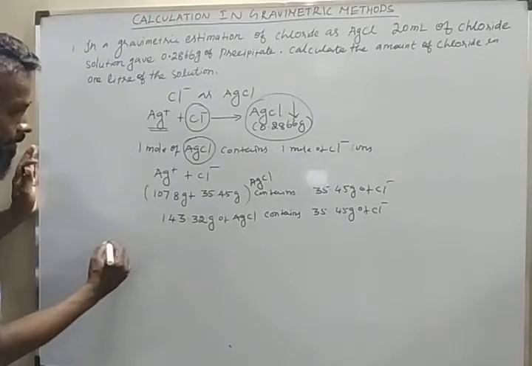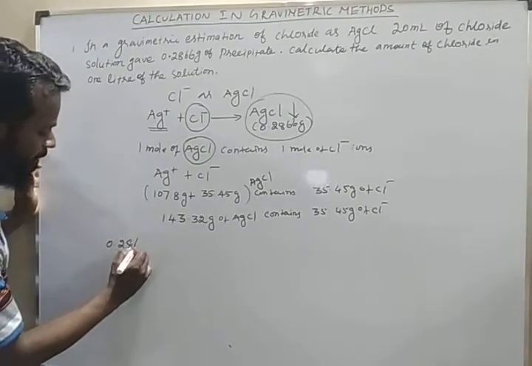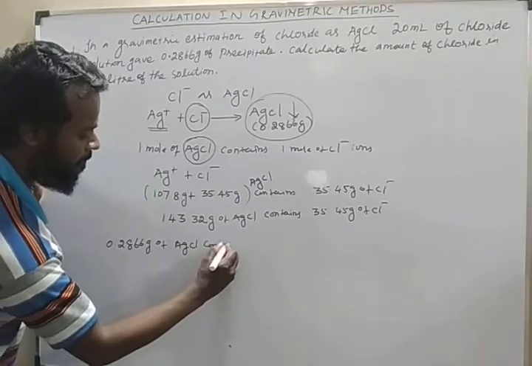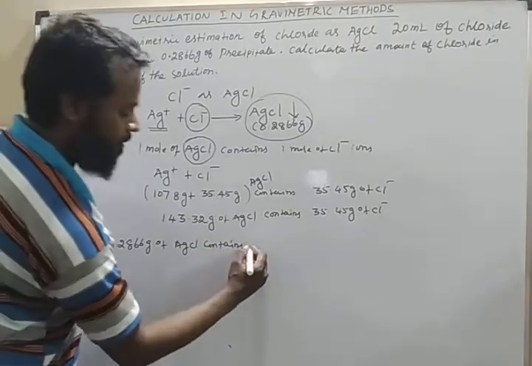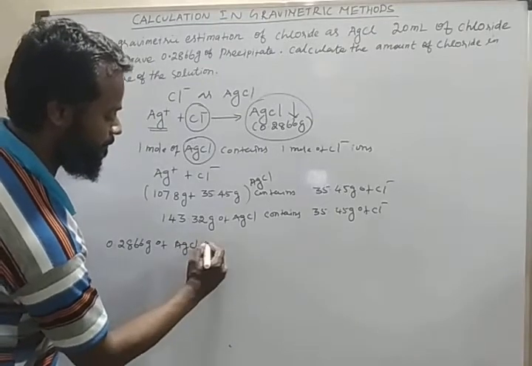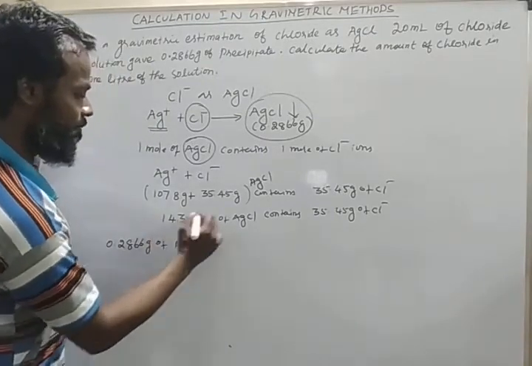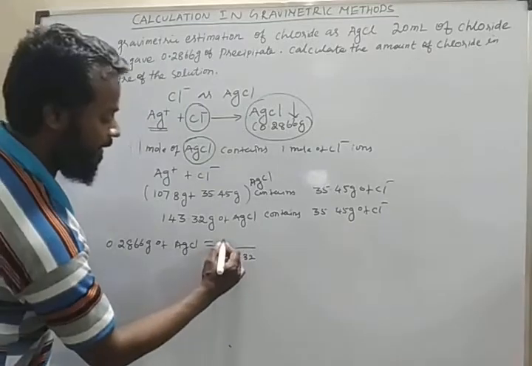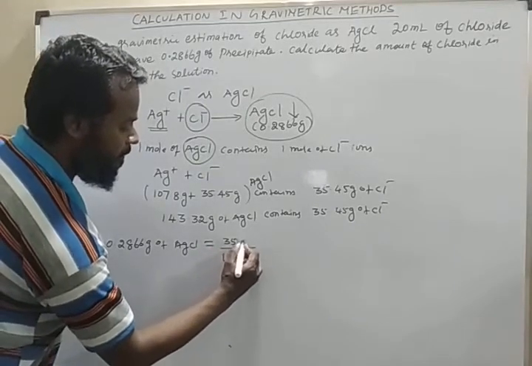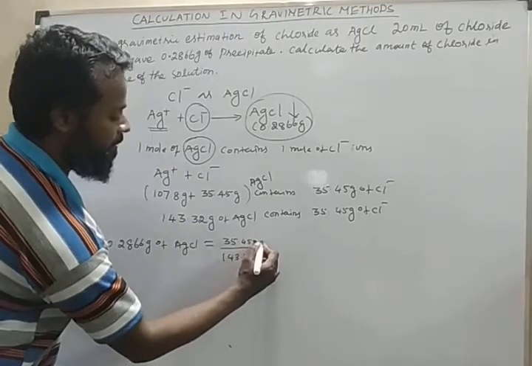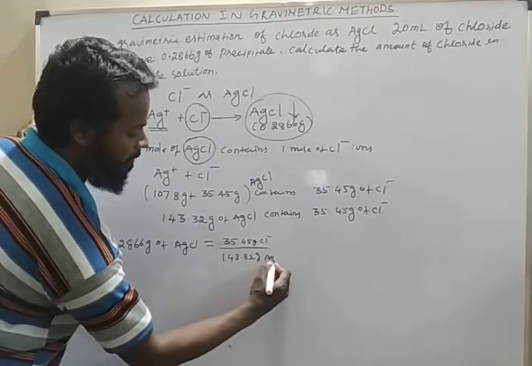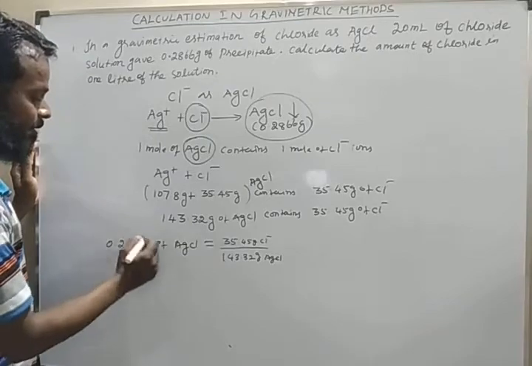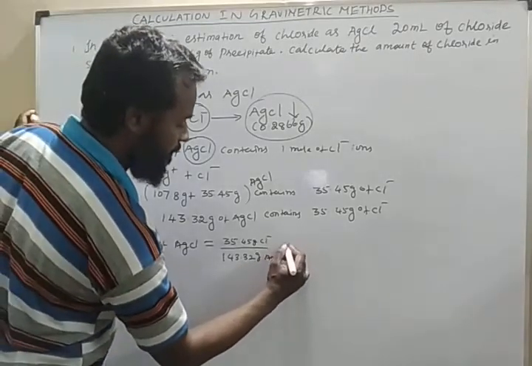For that, 0.2866 gram of AgCl contains, we know the molecular mass of AgCl, 143.32 gram of AgCl contains 35.45 gram of Cl, and we want the amount of chloride present in this much amount of AgCl. So we have to multiply.